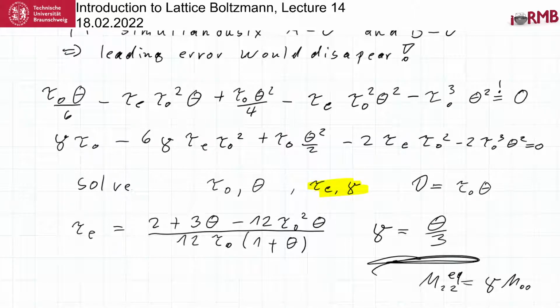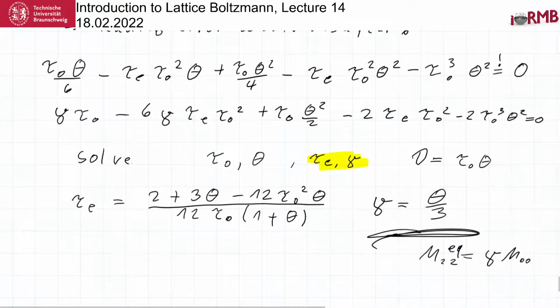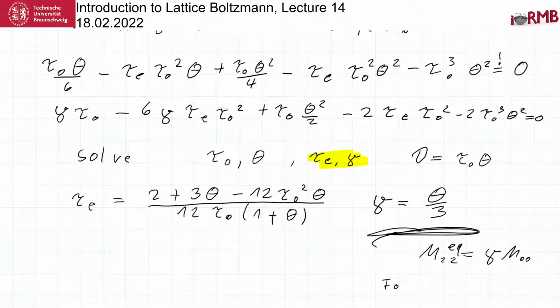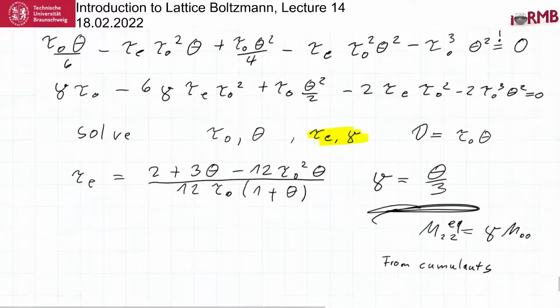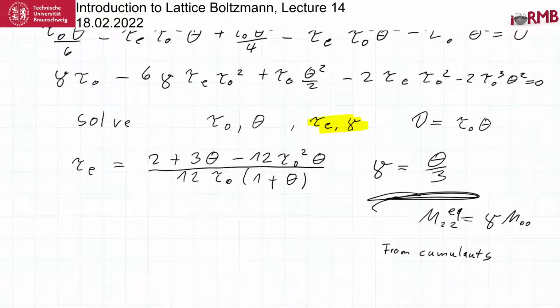The zero moment times gamma is the force moment, and if we derive this from cumulants, we always see that gamma should be theta square.